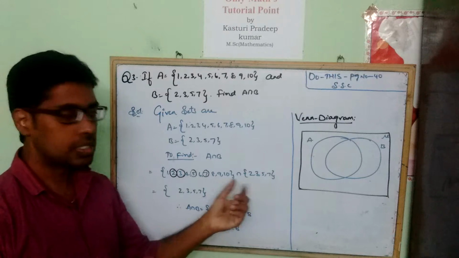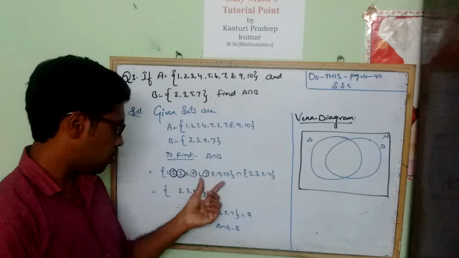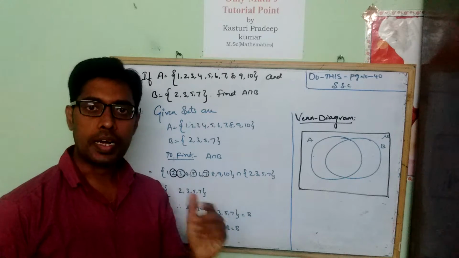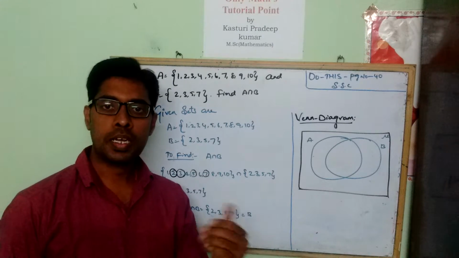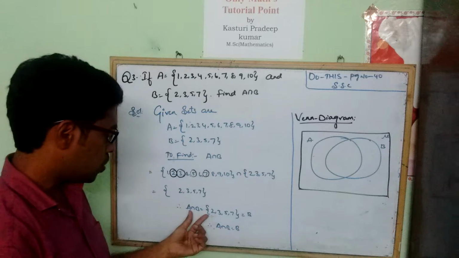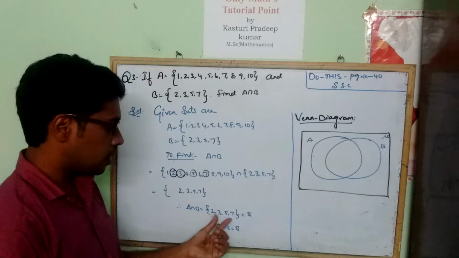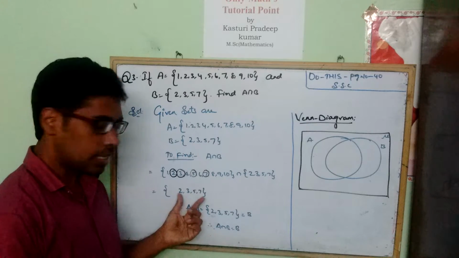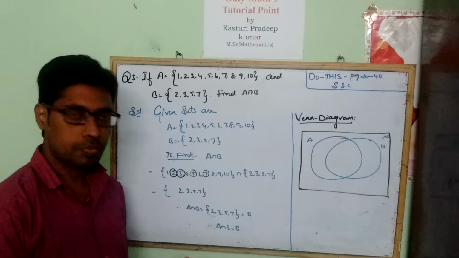Means these 4 elements are common in both the sets. So mention only those elements because intersection indicates identifying the common elements in given sets. So A intersection B equal to 2, 3, 5, 7. Okay. So these are the elements that we got in common.